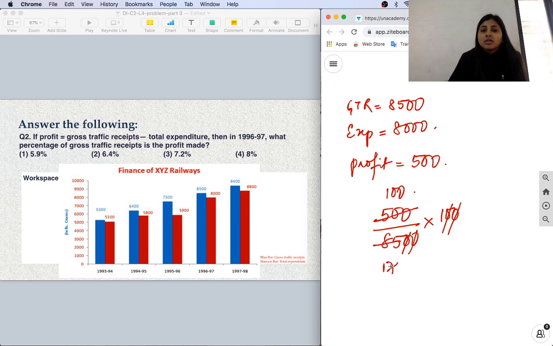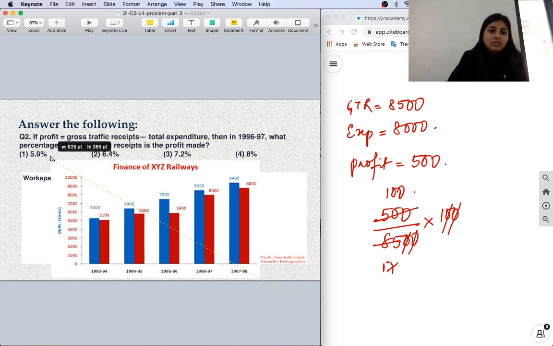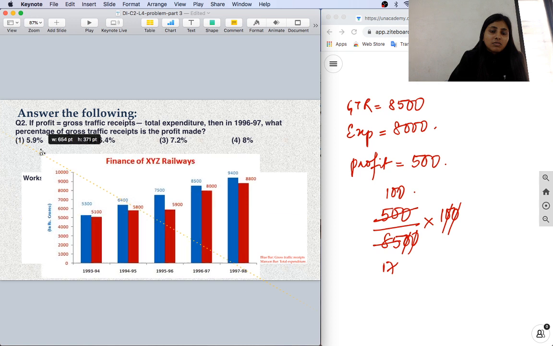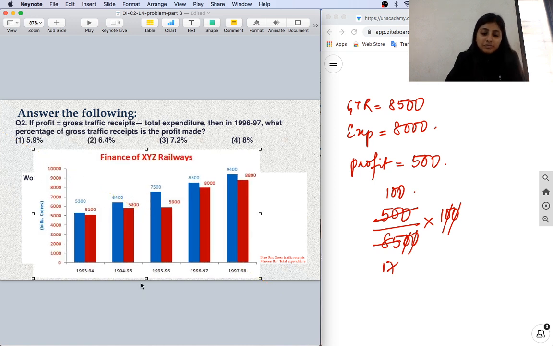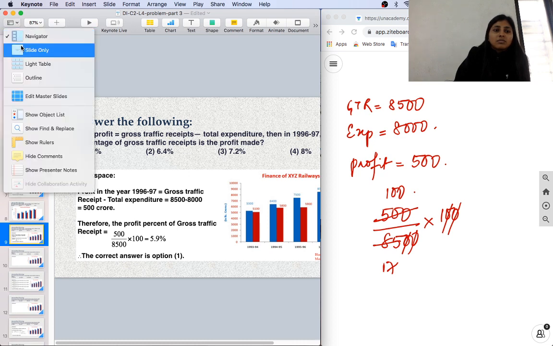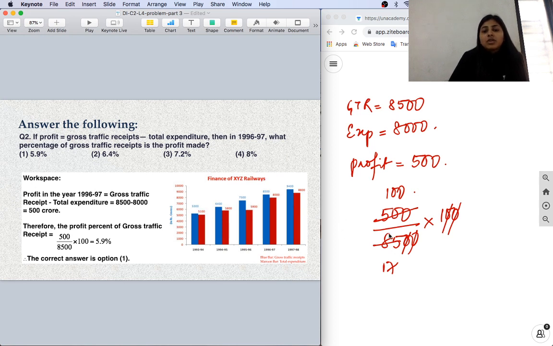What will it be? 100 by 20 would have been 5. 100 by 17 is close to 5.9. Answer is option 1. Next question.